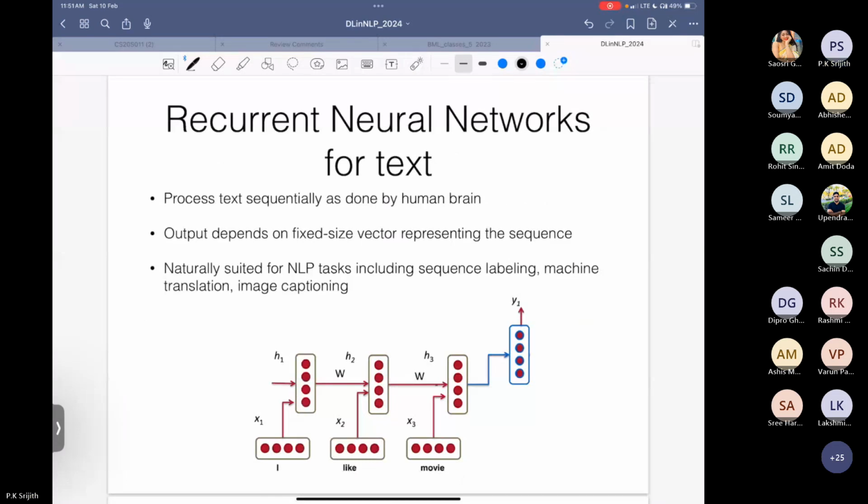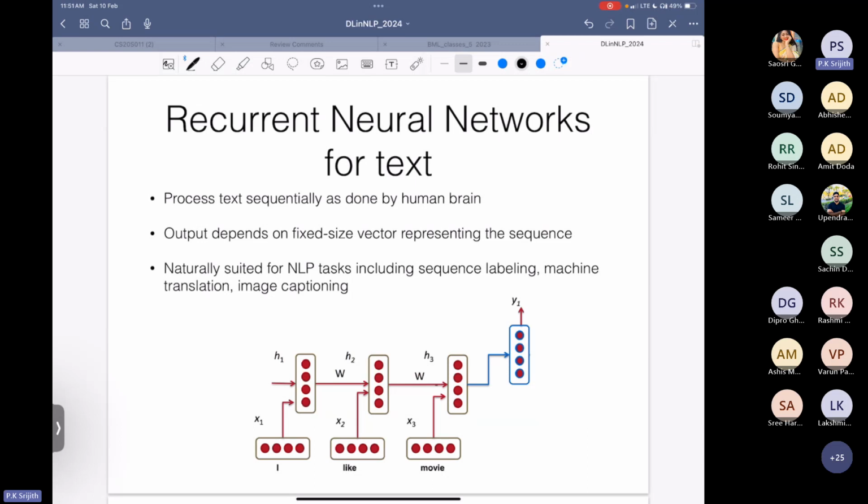Okay, so one issue is that recurrent neural networks can model the way in which humans process text data. And second, many times this text data involves sentences of varying length.